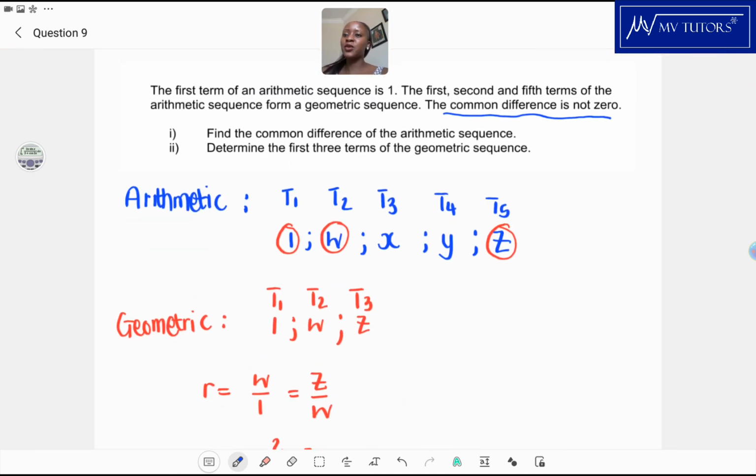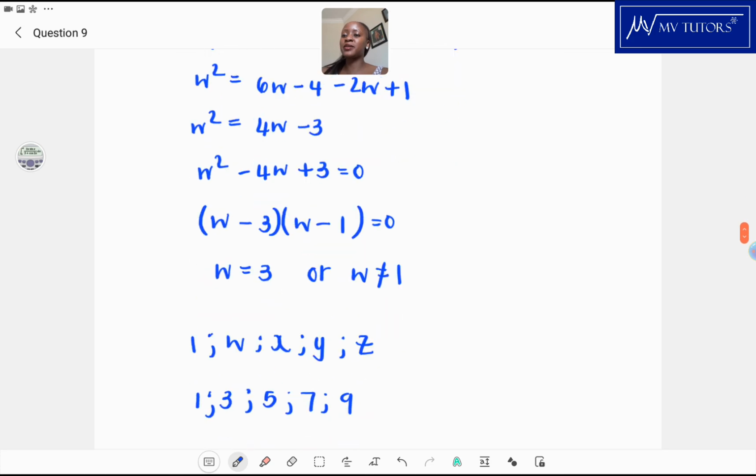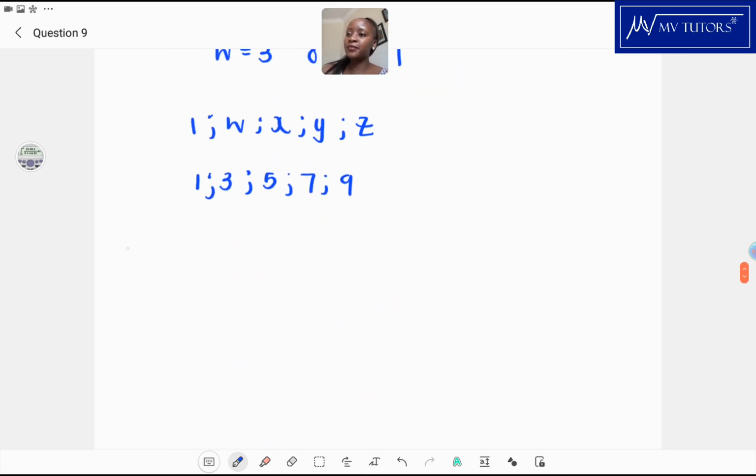Okay, so we know that d is equal to 2, we'll go back down. And then it says find the first 3 terms of the geometric sequence. So question number 1, d is equal to 2, because you can see we jump in 2's. That makes sense.